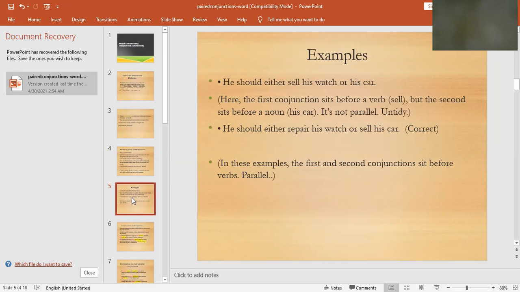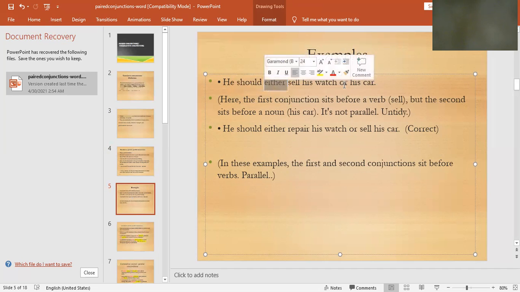Another example: he should either sell his watch or his car. The correlative conjunction is either or. Either sell, what's after either? Sell, a verb. Or his car, a noun phrase. So it's wrong, it's not parallel. Here, the first conjunction sits before the verb sell, but the second sits before a noun, his car. It's not parallel, or it's called untidy.